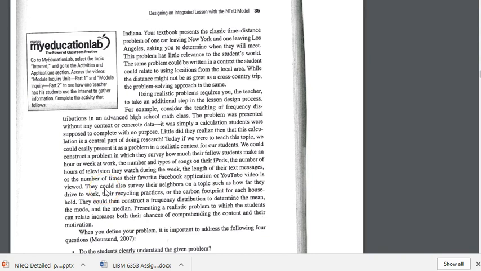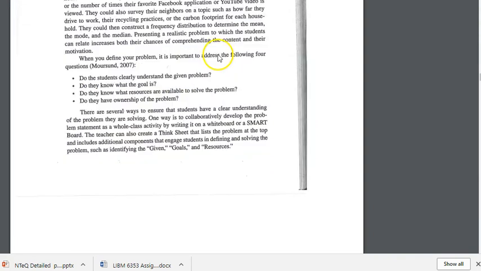You could survey your neighbor on a topic such as how far they drive to work, their recycling practices. But then you could construct that frequency distribution to determine the mean, mode, and median. Presenting that realistic problem, where the students can relate, increases both their chances of comprehending the content and their motivation for actually completing the calculations.